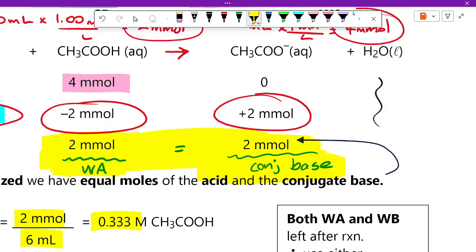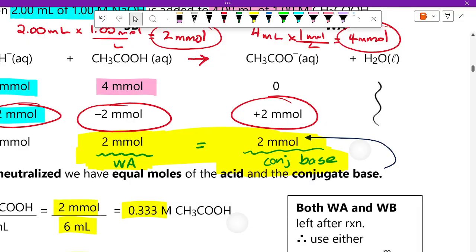And that's important, because remember when we were doing indicators and the concentration of the acid form and the base form were equal, then Ka was equal to H+. Do we remember that? Same thing here. When these two concentrations are equal, the weak base and the weak acid form, the concentration of H+ is going to equal the Ka.